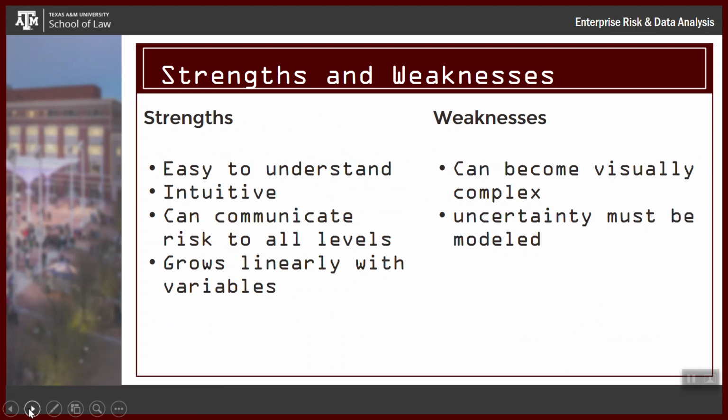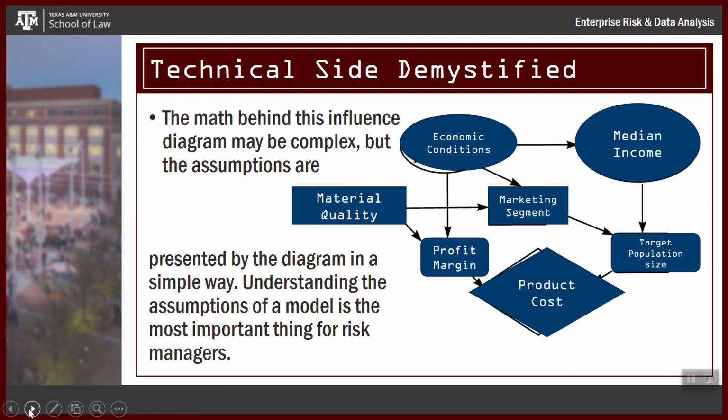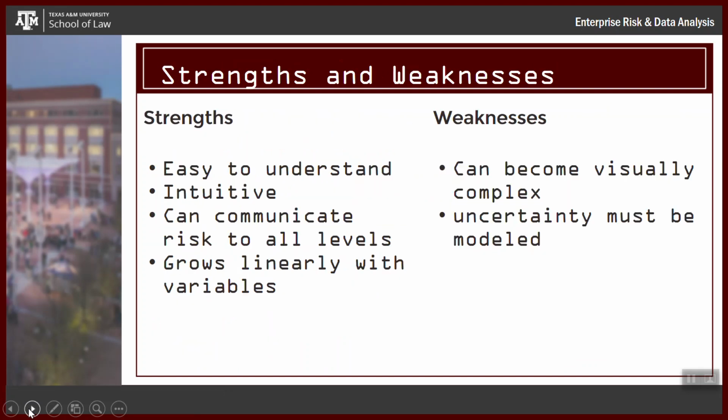Because there's something about a drawing that's so simple to communicate. So they're easy to understand, they're intuitive, they help communication. You'd rather look at diagrams like this, even if they're very long, even if it's on butcher block paper and takes the size of a normal table, than to try to read all of that in text. And it grows linearly with the variables. So as we add complexity to it, we're okay with it.